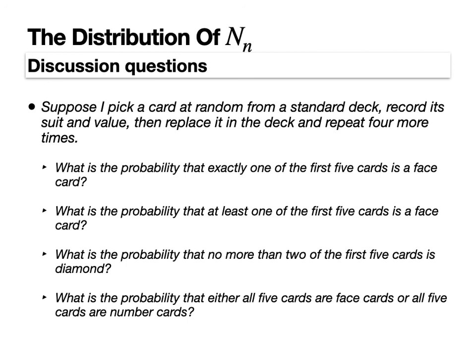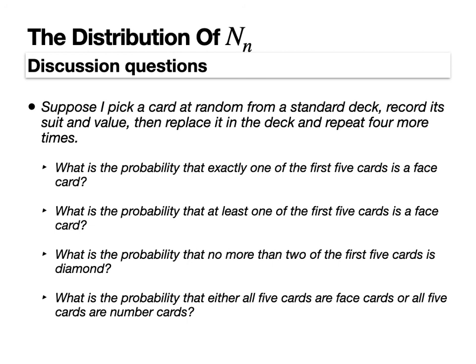Well, this doesn't sound like a color sequence problem, but you can really think of it that way. If you're interested in face cards, just think of those as your successes. Those are the red balls. Everything else is a green ball. So since there are how many face cards? 3 times 4, there's 12 face cards in a deck. So there's 12 red balls, and that would mean there's 40 green balls. And now you're looking for the probability of exactly 1 success in 5 trials.